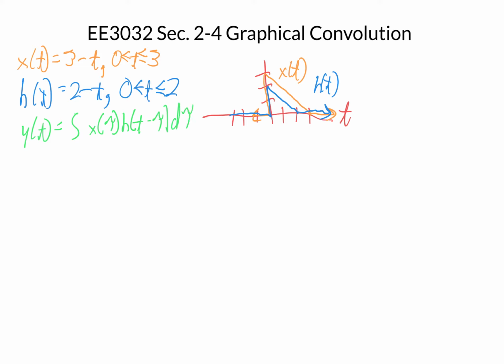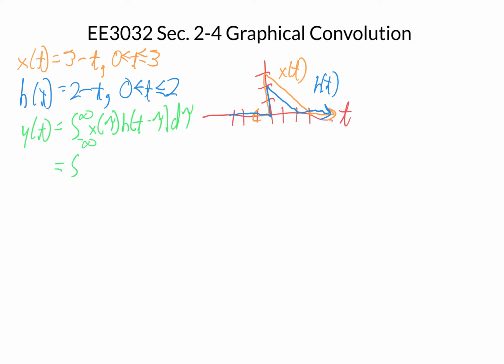In general, this integral is from minus infinity to infinity, but we can often make simplifications. For example, here, if we were to use this form of the integral, we see the function x of t only has non-zero values from 0 to 3. So we could make those limits 0 to 3 instead of minus infinity to infinity, because x of tau is going to be 0 outside that range.